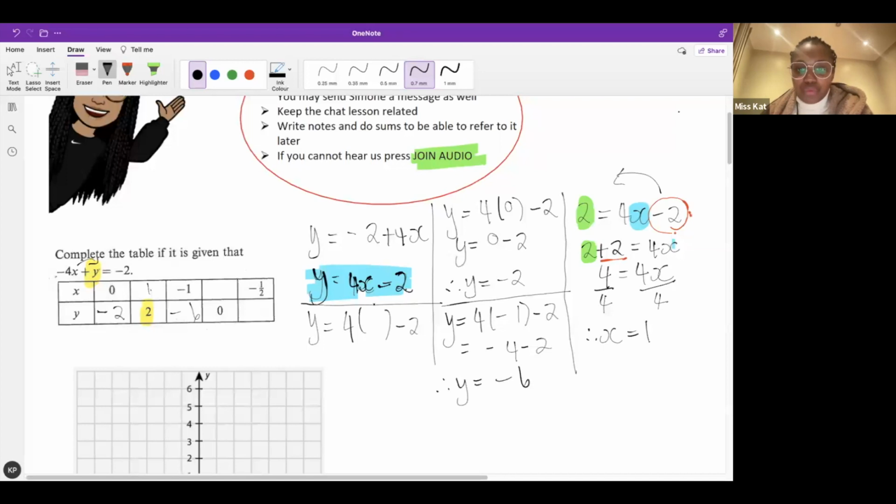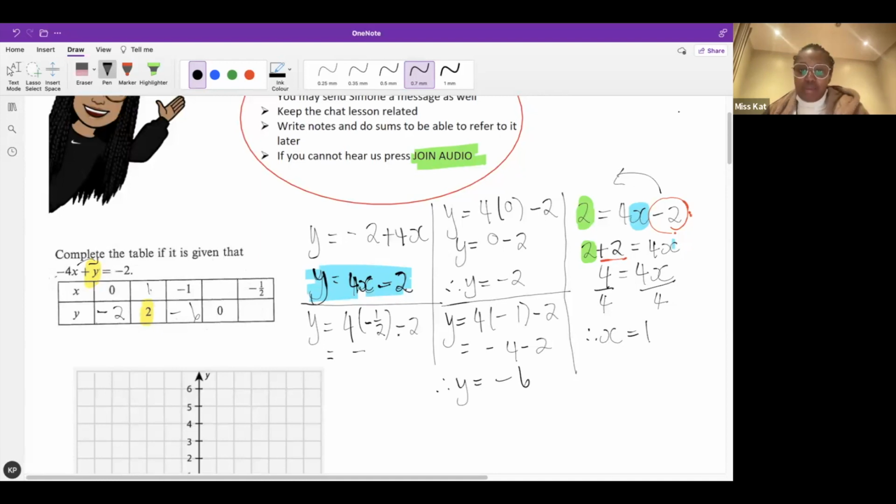Okay, then you put your negative 1/2. There we go. What is a positive and a negative going to give you? A negative, sorry.